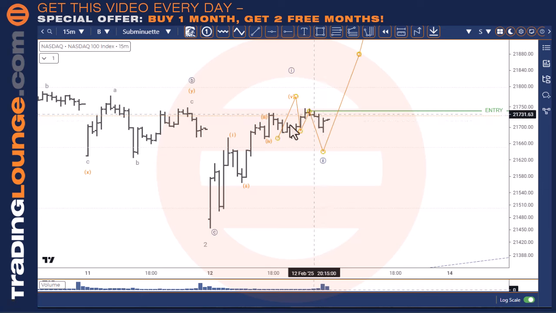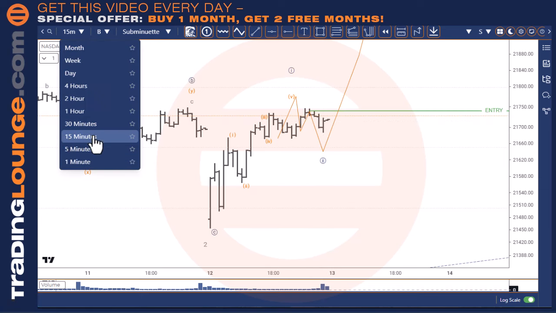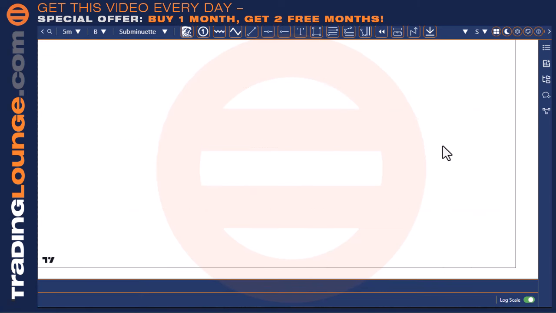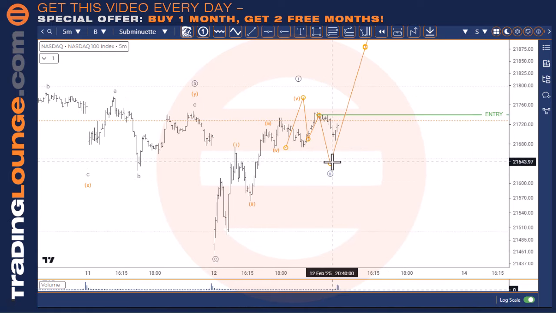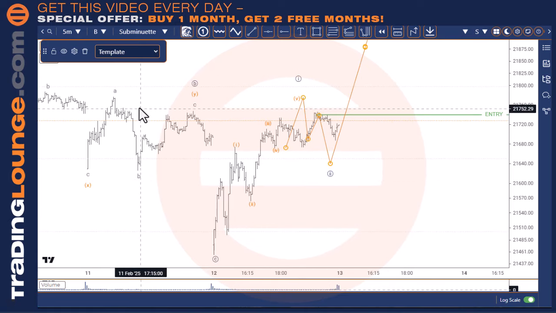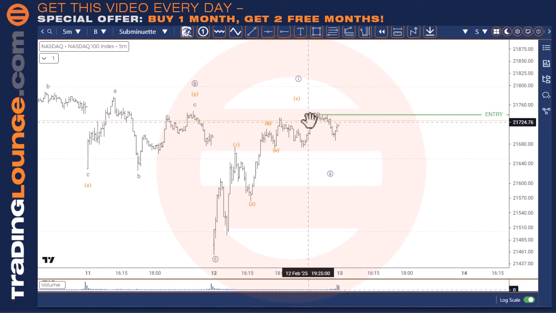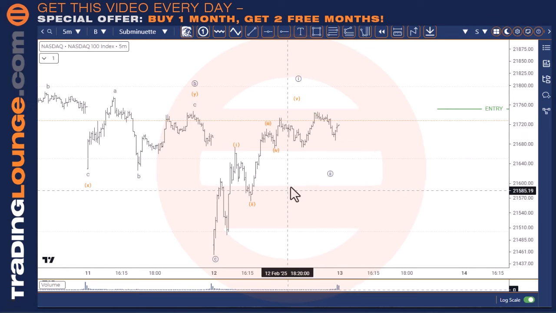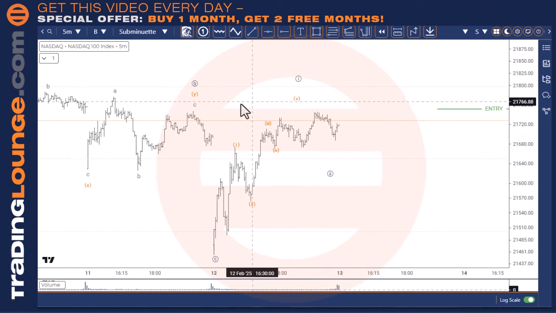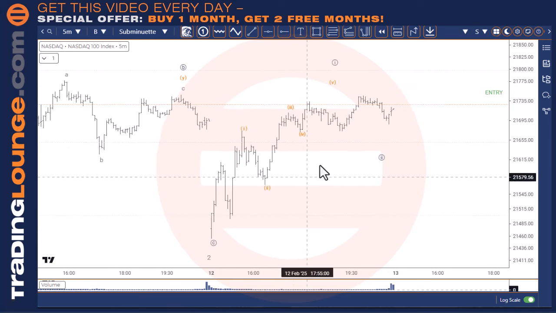So let's just focus on this little impulse wave. And I'm just going to move to the 5 minutes here, and I'm just going to clear this up here, and just clear this out the way for a moment. So we could look at this a little bit differently now.